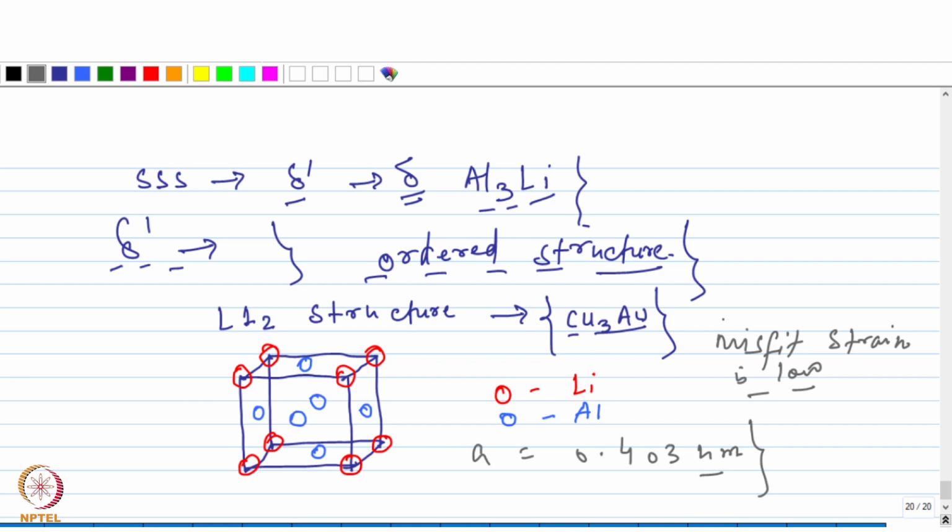Okay, so therefore there has to be some other mechanism, and as I said, in this case it is the order strengthening mechanism which will operate for this particular alloy. Okay, and these precipitates in terms of the morphology have a spherical shape.